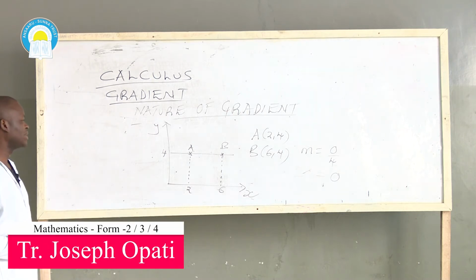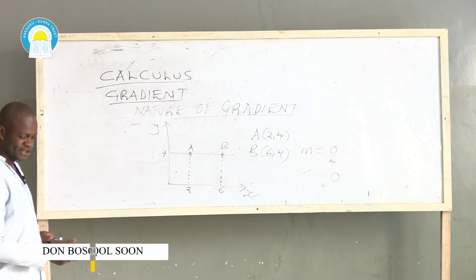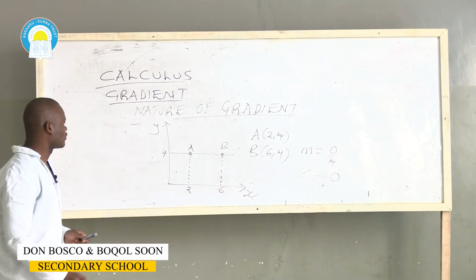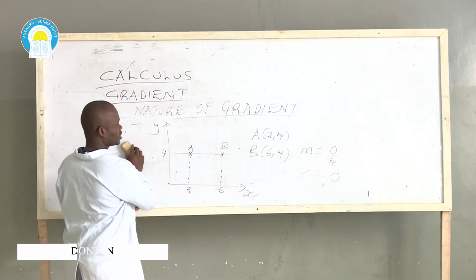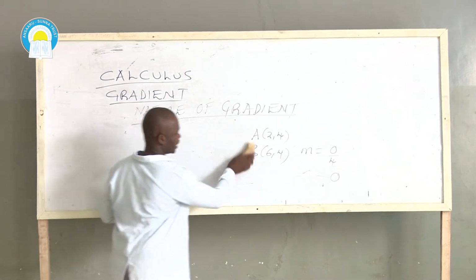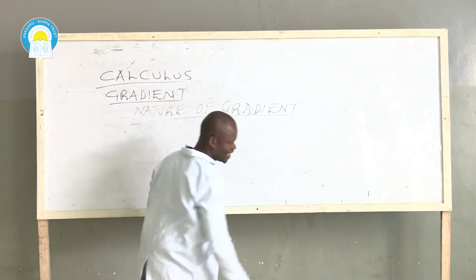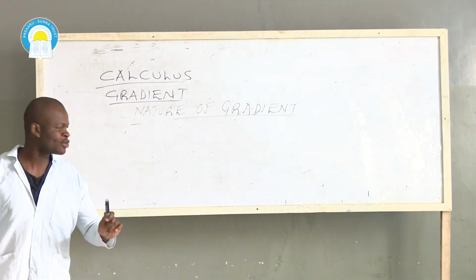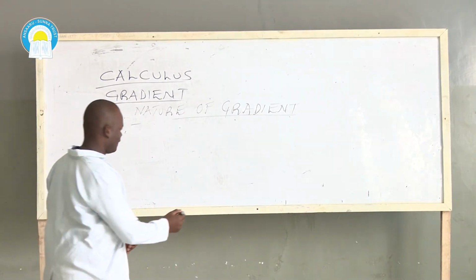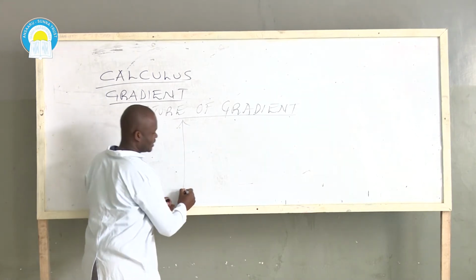Let me just quickly mention the fourth nature, then I'll give a summary in terms of what? The points we've just mentioned, and of course using diagrams. So we go to what? The fourth nature of the gradient of a line. Now, this will be in regard to a line which is vertical, meaning parallel to the what?